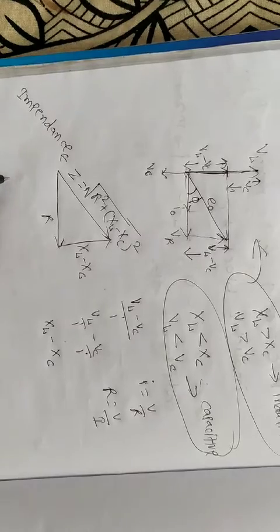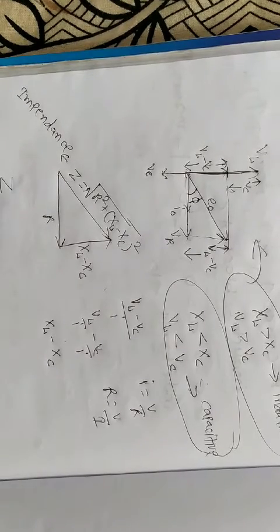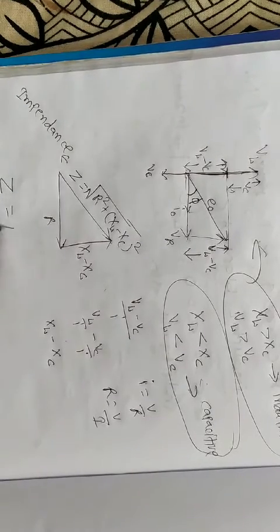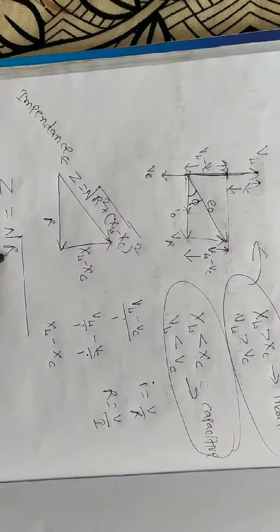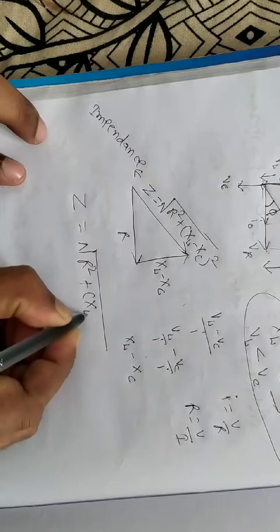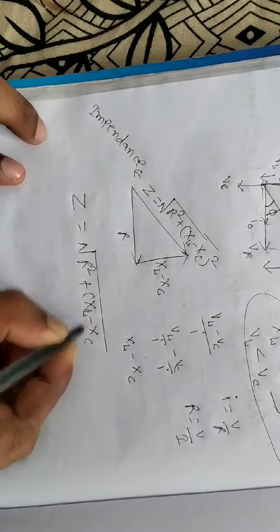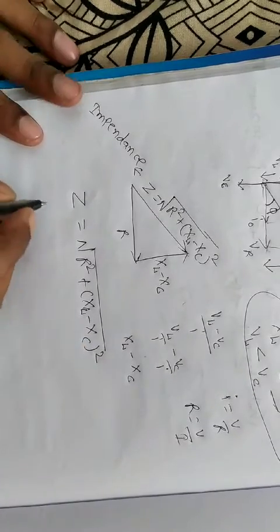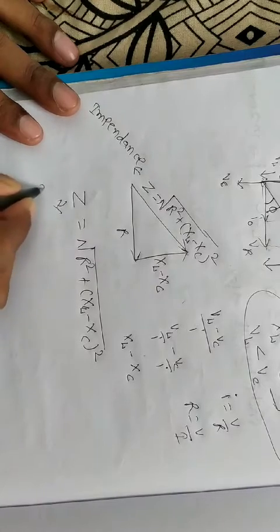So the resultant impedance Z is equal to the square root of R square plus XL minus XC whole square. What is Z? Z is impedance.